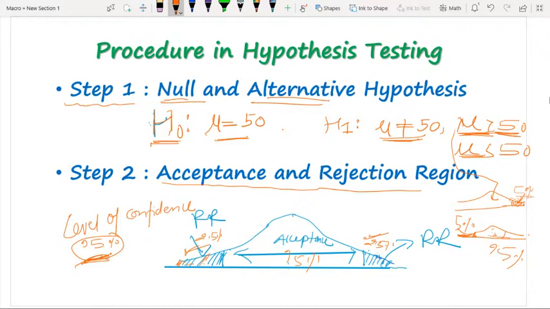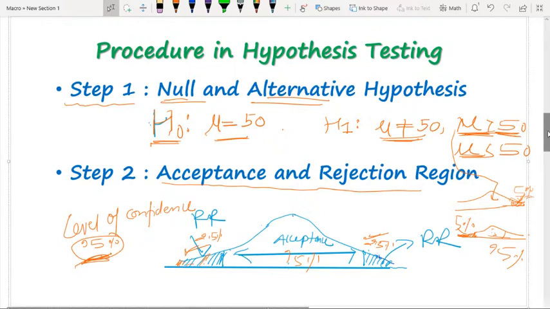So in this way, the choice of the confidence level helps determine the rejection region, and the type of alternative hypothesis says whether the rejection region is on both sides of the distribution or a single side of the distribution.